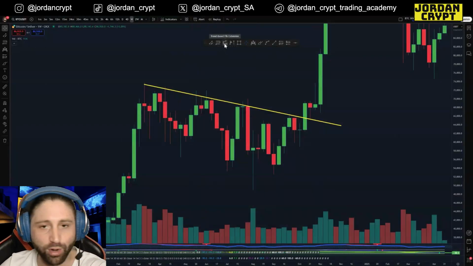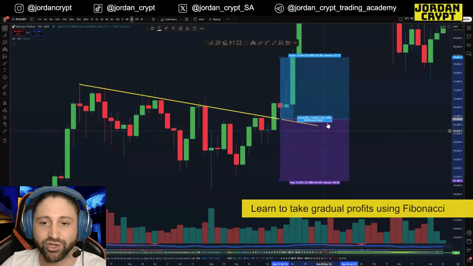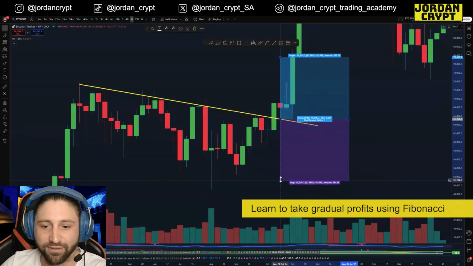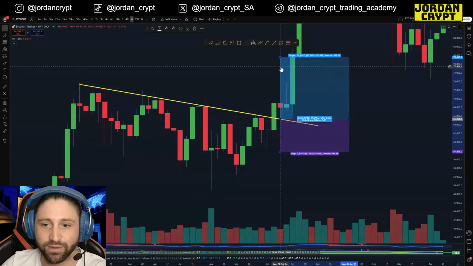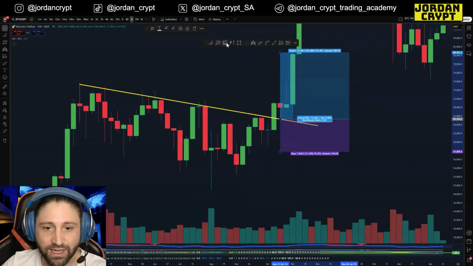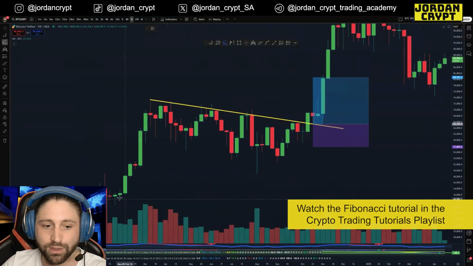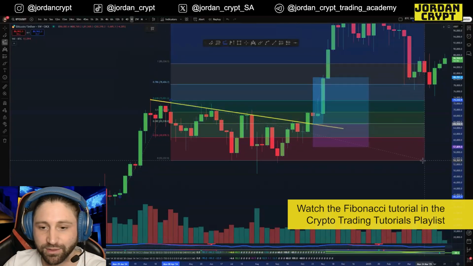This is a little bit more of a pro level, but make sure you are always taking gradual profits on your trade. If this was your stop loss below the previous swing, this was your major TP, you can use your Fibonacci extension on this trend to give you gradual take profit levels.